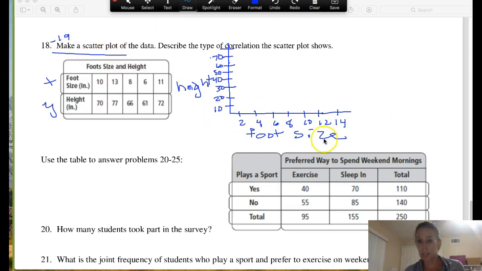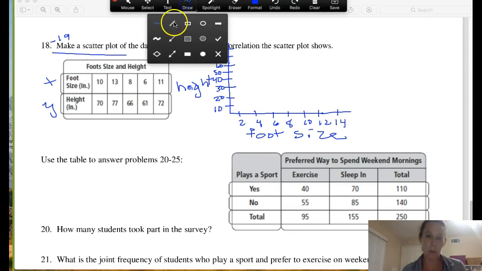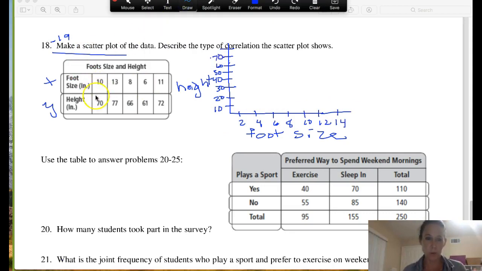Okay, now make a scatter plot. You literally just label your X and your Y axis, label your points, and just draw your plot. I just want to know, can you plot these points? If the foot size is 10, the height is 70. So I'm going to go over 10 and up to 70. The data points are going to be all clobbered together because of how I have my height so close together.